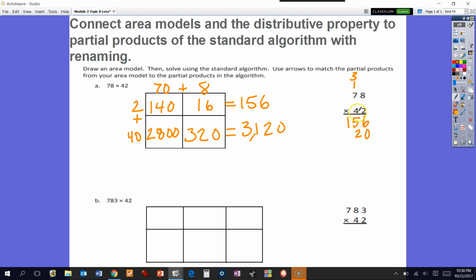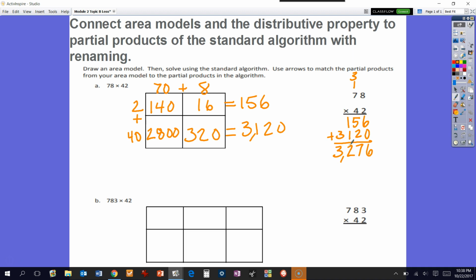Regroup my 3. 40 times 70 is 2,800 plus 3 is 31. And if we did everything out, we would know that this is 6 ones, 7 tens, 2 hundreds, and 3 thousands.